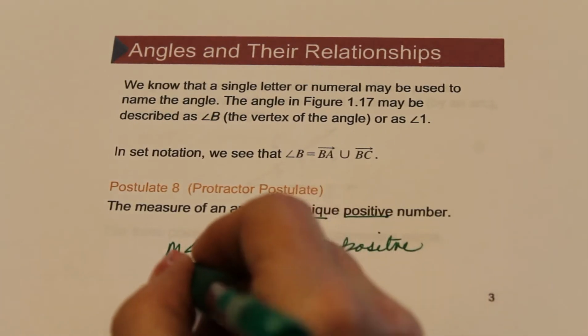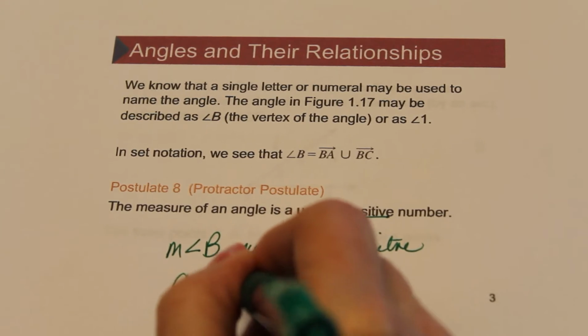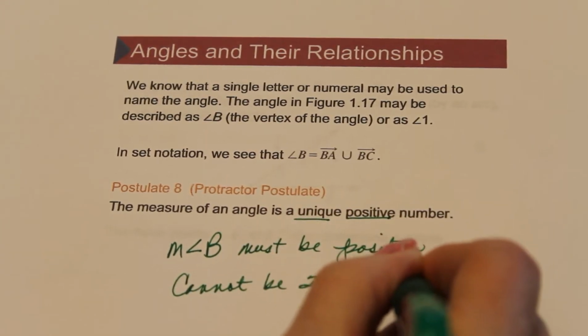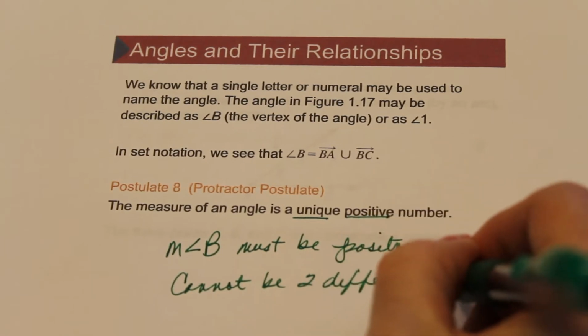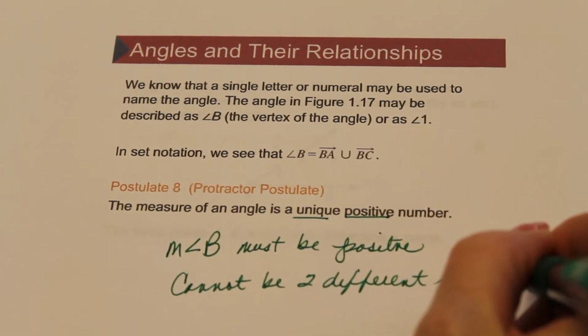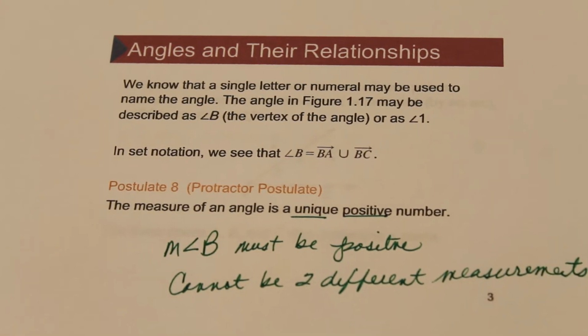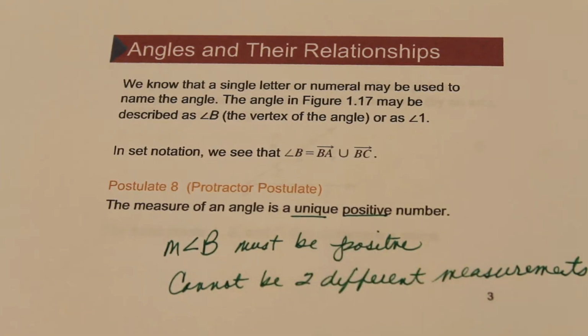And furthermore, there cannot be two different measurements. So if angle B is 38 degrees, it can't be 38 degrees and 71 degrees at the same time. It's got to be unique and positive.